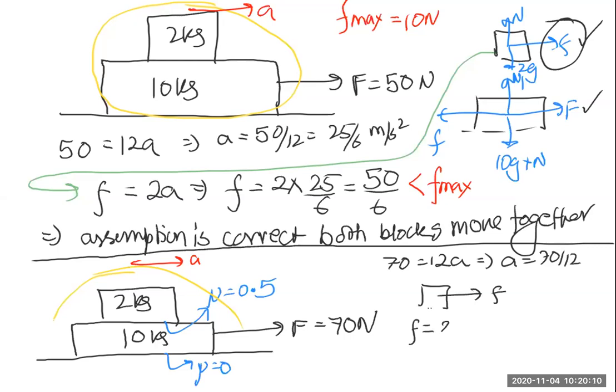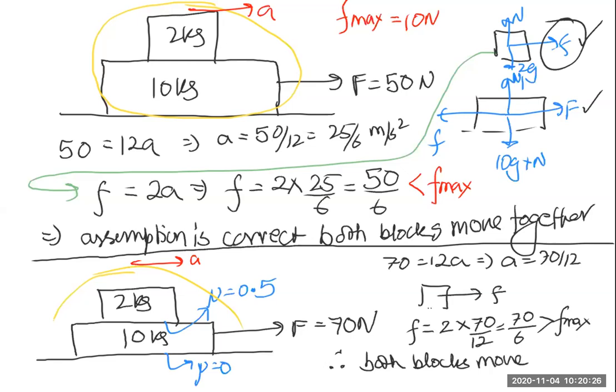F is equal to 2 into 70/12, which is equal to 70/6, which is greater than F max. Therefore, both blocks move separately.